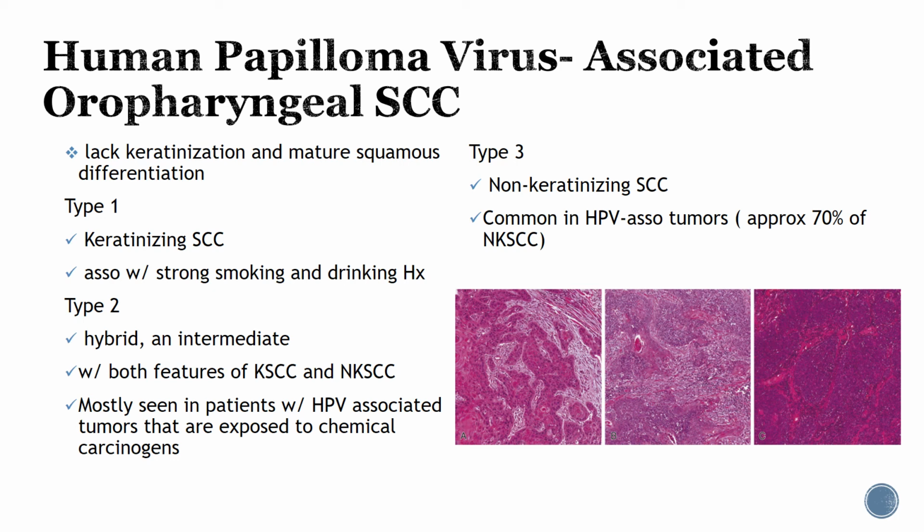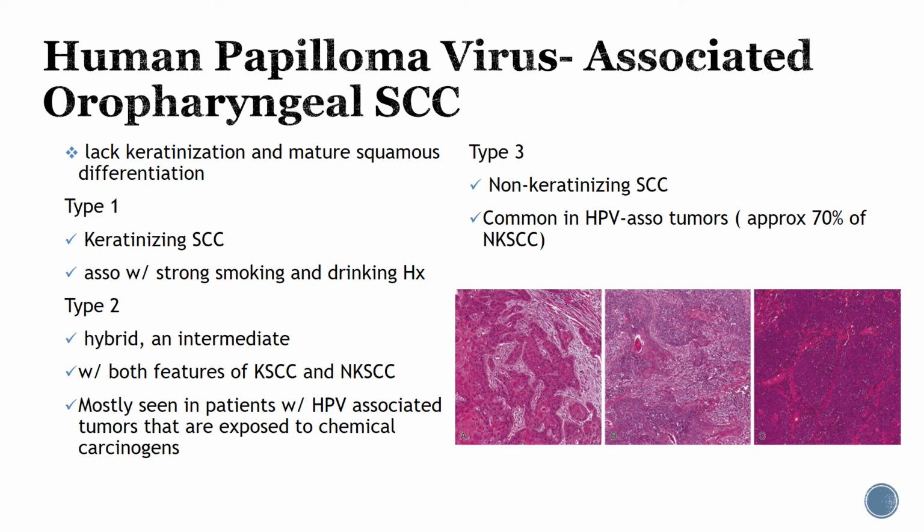Type 1 is keratinizing squamous cell carcinoma, associated with a strong smoking or drinking history. Type 2 is a hybrid, an intermediate, or mixed category with features of both keratinizing and non-keratinizing squamous cell CA. Most are seen in patients with human papillomavirus-associated tumors who have been exposed to chemical carcinogens.